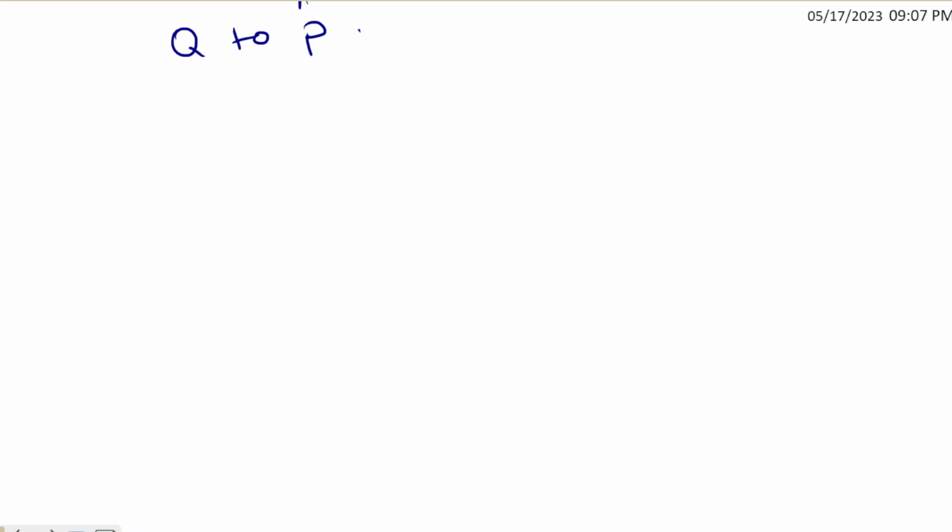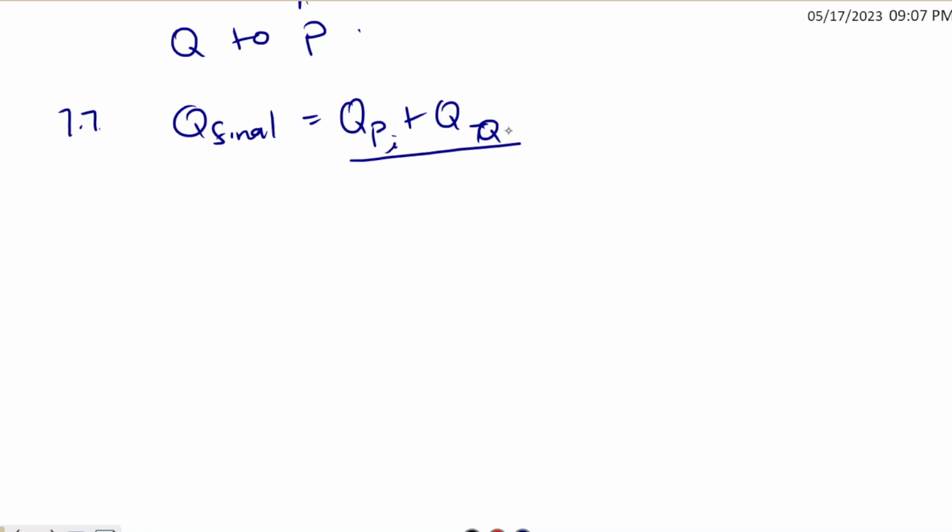So for 7.7, the final charge is equal to the initial charge of P and Q, divided by 2.